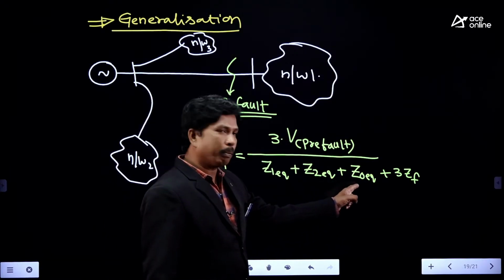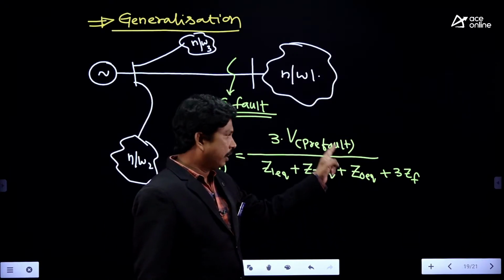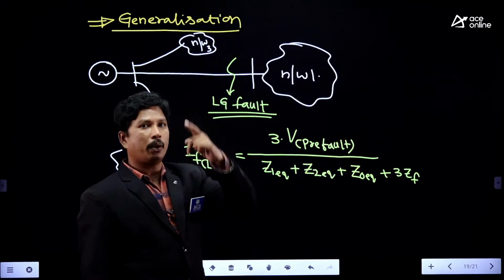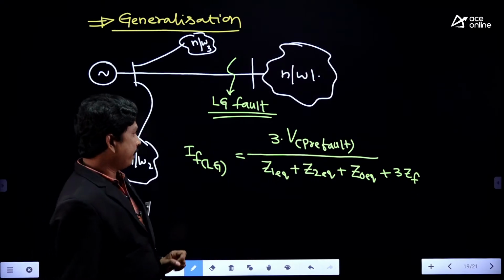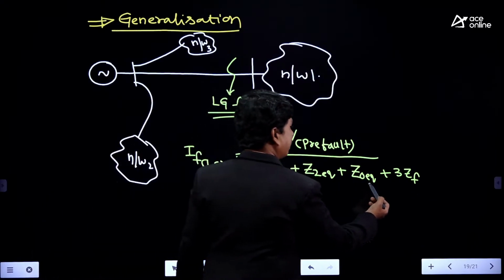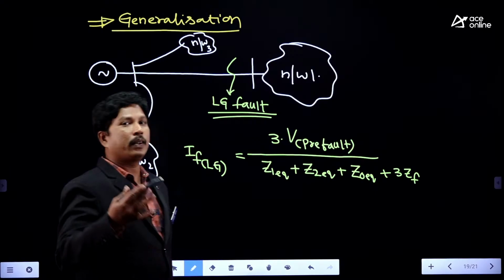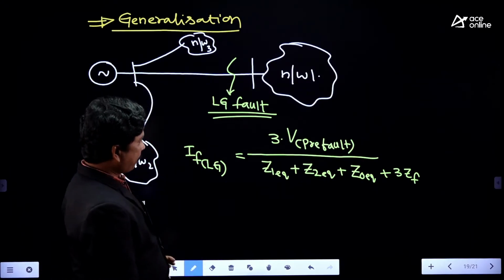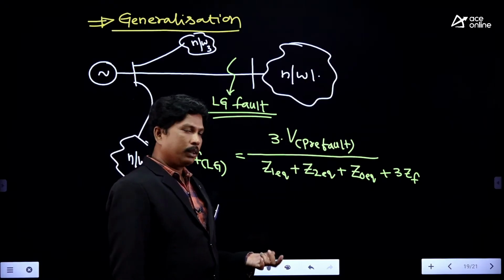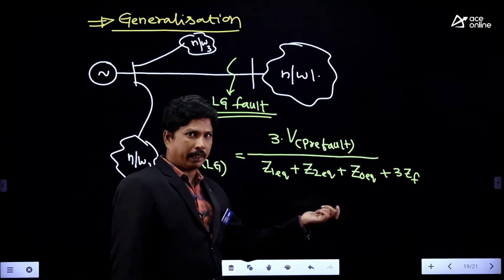So the neutral impedance should be added in the zero sequence network, right? Z0 equivalent in the sense, you have to calculate the total equivalent impedance of the zero sequence network, right? Where Z1 equivalent, Z2 equivalent, Z0 equivalent are the Thevenin's equivalent impedances of the positive, negative and zero sequence networks. And sometimes they will give the reactance values.